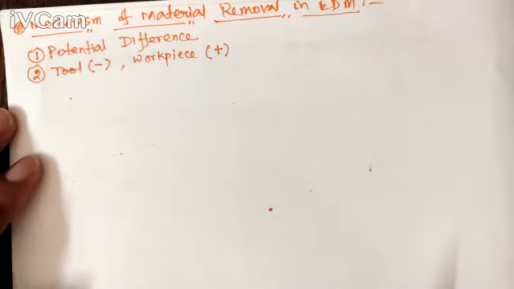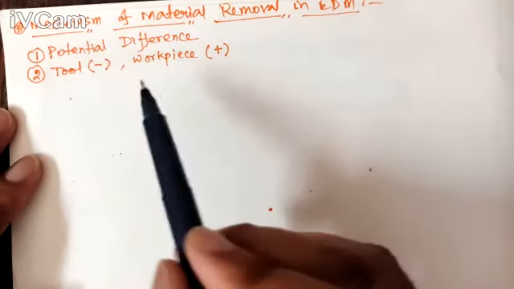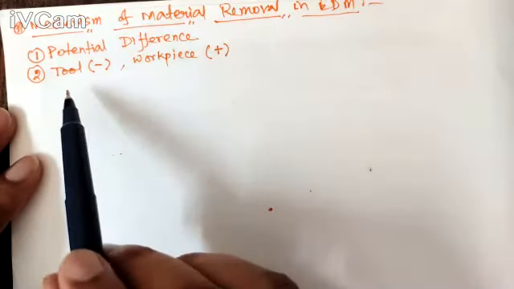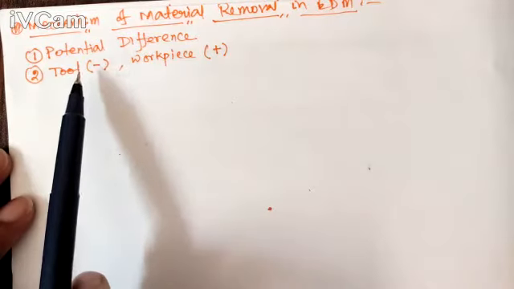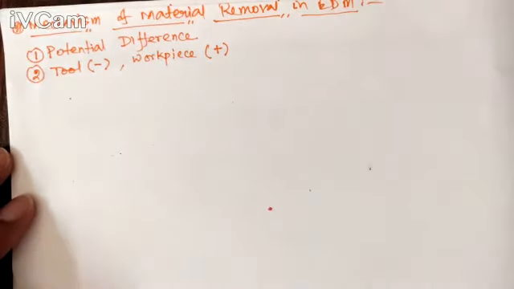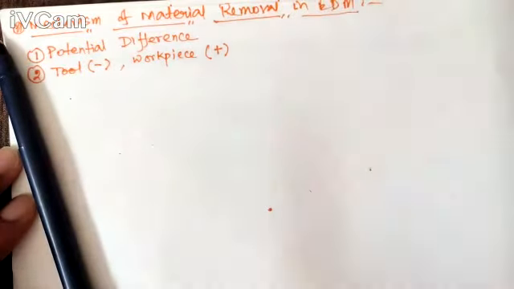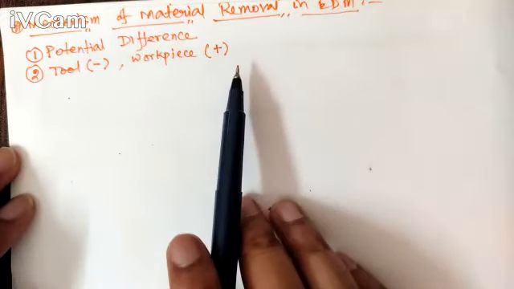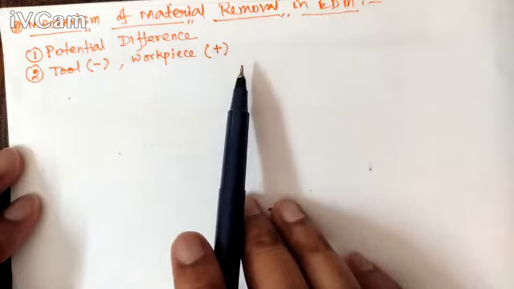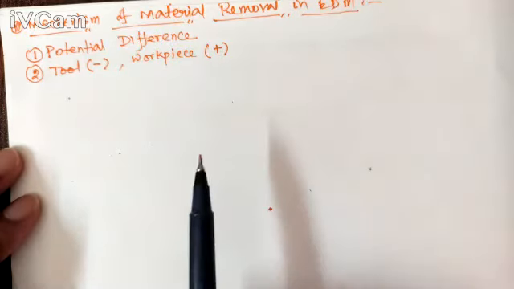In most applications we use this, that means tool negative, workpiece positive. But it is not always true. In some cases, we connect the tool with the positive terminal and the workpiece with the negative terminal.